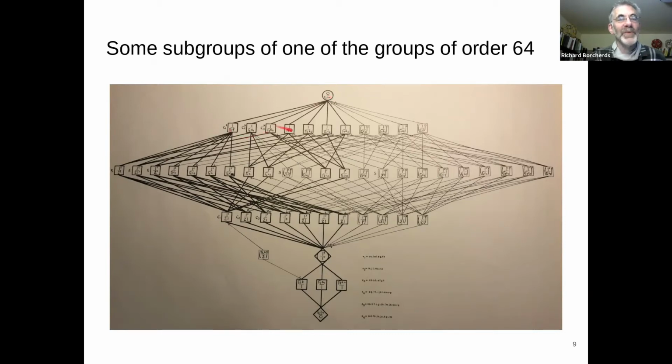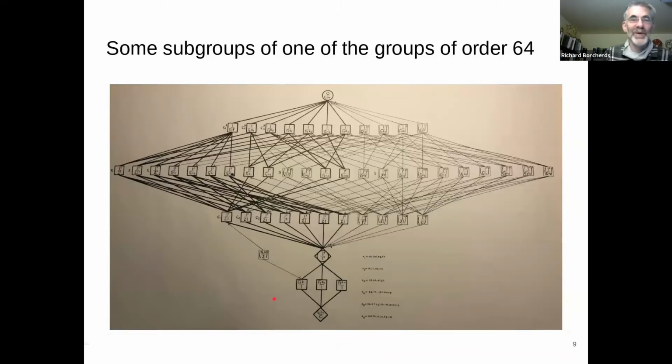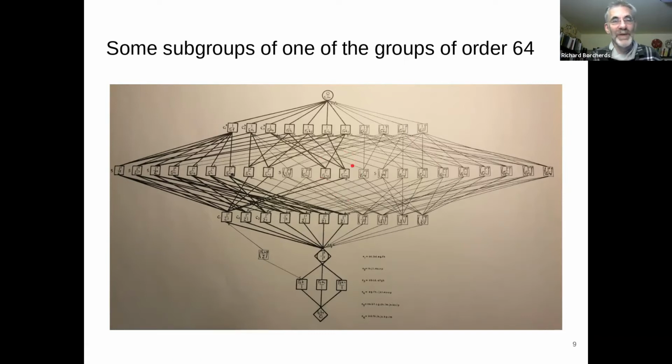Here are some of the subgroups of order 32 and order 16 and order 8 and order 4 and order 2. And so you can see that the structure of these groups can be quite incredibly complicated. This is worked out by hand. In fact, Hall worked out the subgroup structure of every one of the 267 groups of order 64 by hand and drew these rather amazing pictures of them.